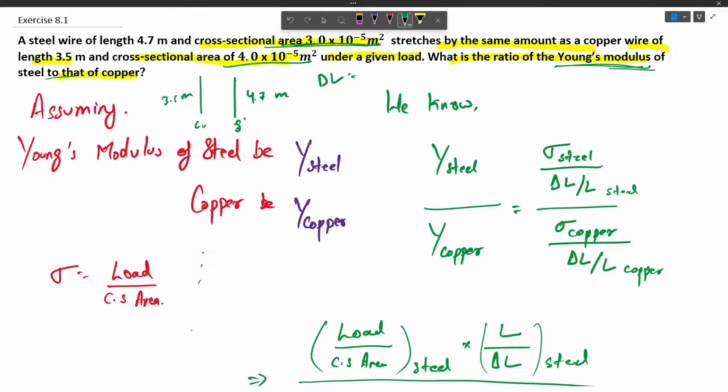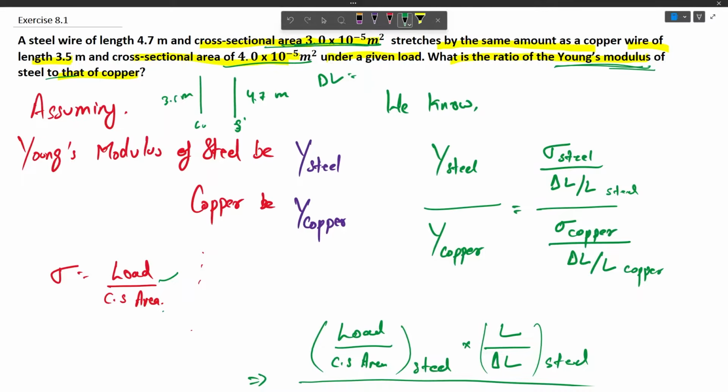Till the elastic limit, we know that this Young's modulus is constant as per Hooke's law. The ratio of the stress to that of the strain under the elastic limit is constant, and that is known as the Young's modulus. And we also know that stress is defined as load per unit cross-sectional area.